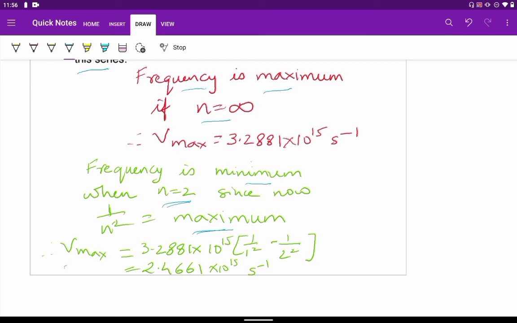So this was nu max, and this is nu minimum, the minimum frequency: 2.4661 into 10 to the power 15 per second.